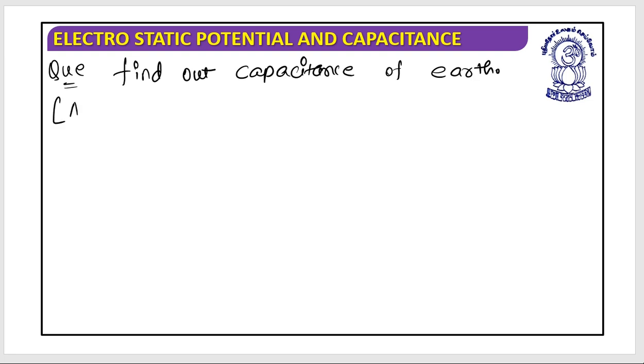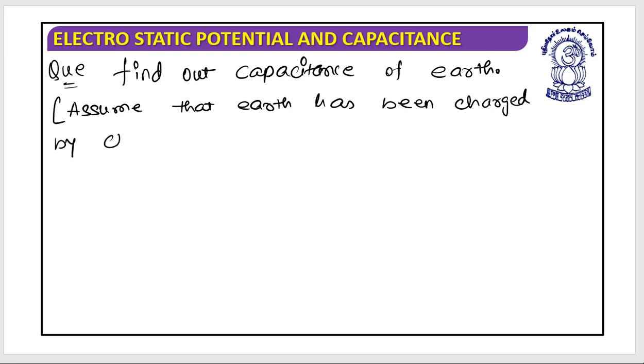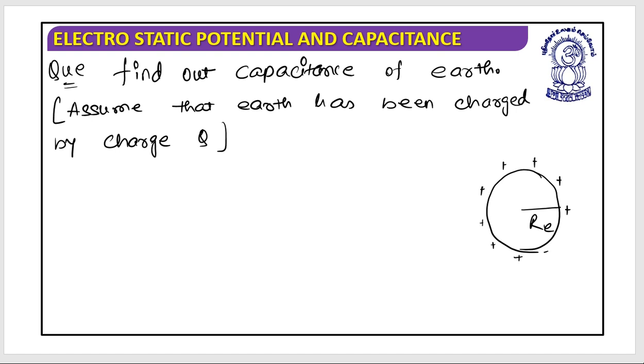While asking this, they want you to assume that earth has been charged by charge q. So they assume that this is my sphere, which is basically the earth. So this is the radius of the earth, and this sphere has been provided a charge q.